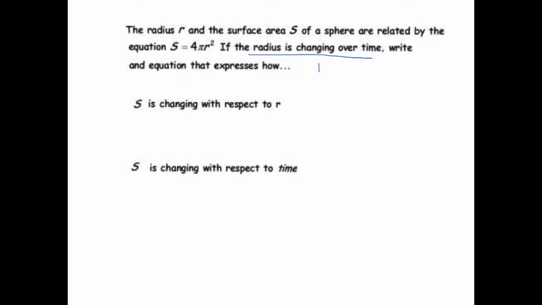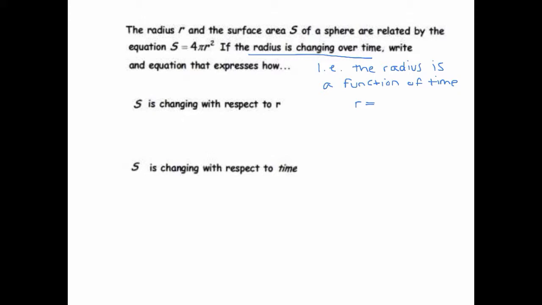I'm going to say, i.e., the radius is a function of time. And s equals 4 pi r squared means that s is a function of r. So maybe let's write this. r equals, now I don't know exactly how the radius is changing.